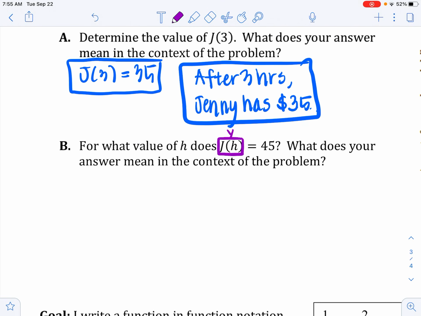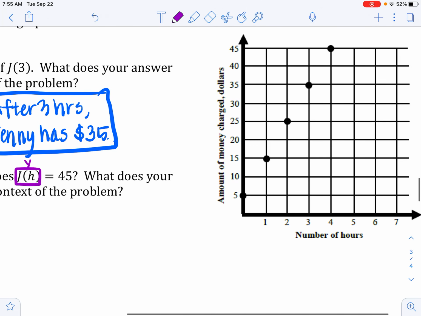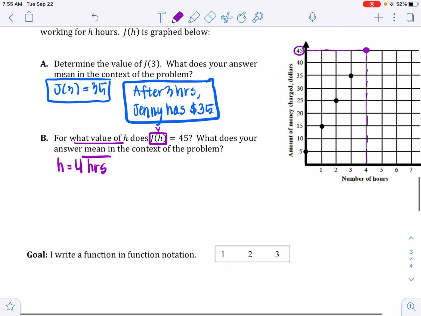Y. So this is saying when Y is 45, what is H, right? What value of H? So when Y is 45, what is X? So now we're going to look here. Here's Y is 45. It's this point right here. What's X? 4, okay? So we'll say H is 4 hours. If you accidentally put X as 4 hours, it's fine.